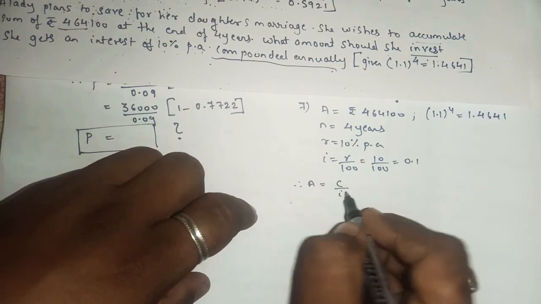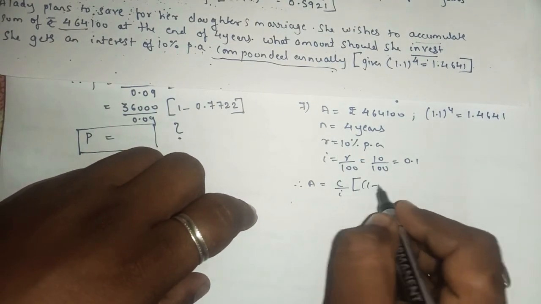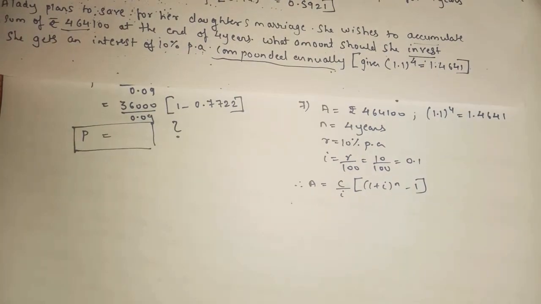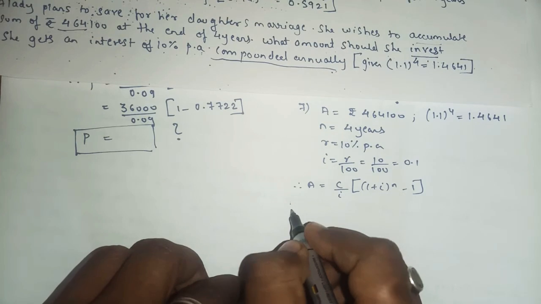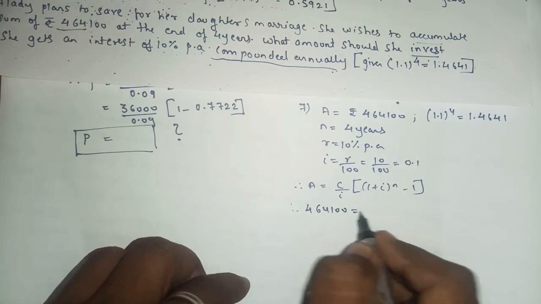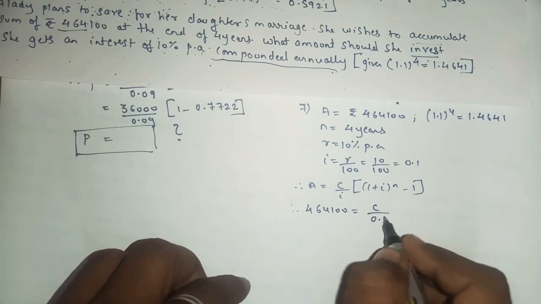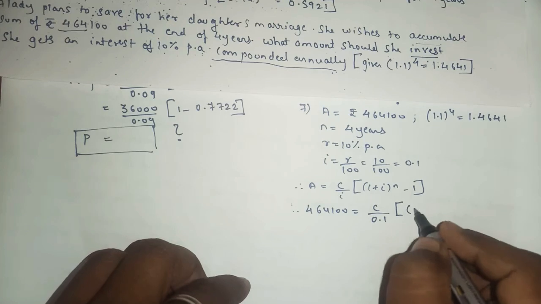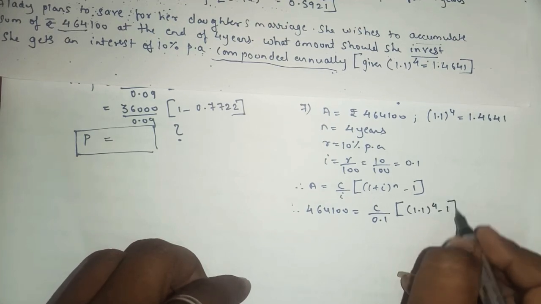So apply the formula. A equals C upon I, (1 plus I) raised to n minus 1. Now simply substitute the values. So here we have 4,64,100 equals C upon 0.1, (1 plus 0.1 is 1.1) raised to 4 minus 1.